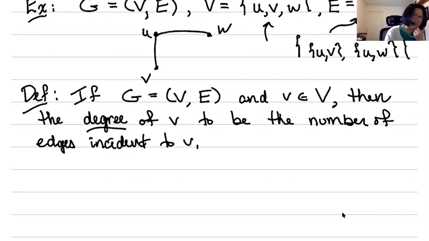So we'll say that an edge is incident to v if it has v as one of its 2 endpoints, right?